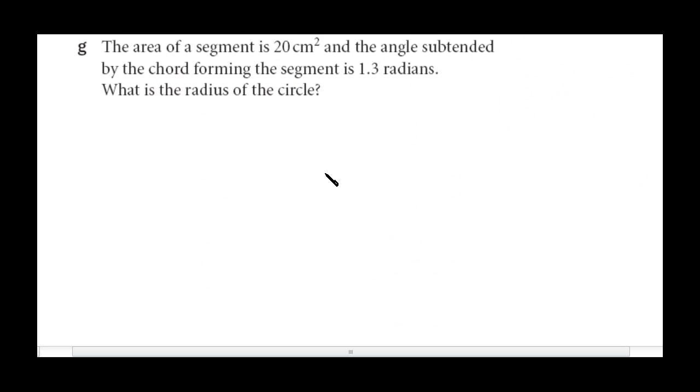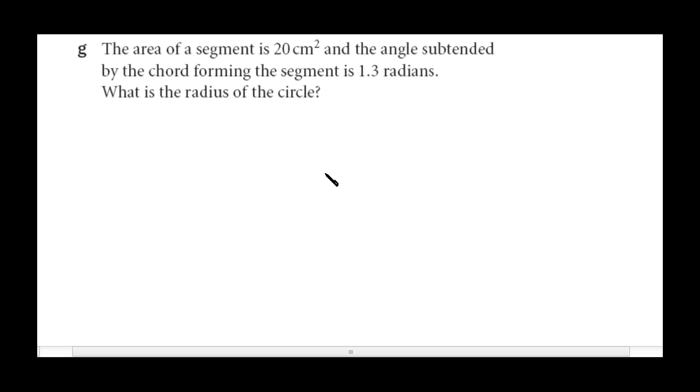Part G, last question of this section on sectors. We've got the area of a segment, so we're given the segment in this case is equal to 20 centimeters squared, and the angle subtended by the chord forming the segment, so this chord gives us this angle, is 1.3 radians.